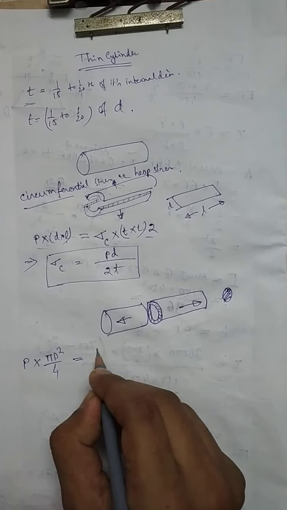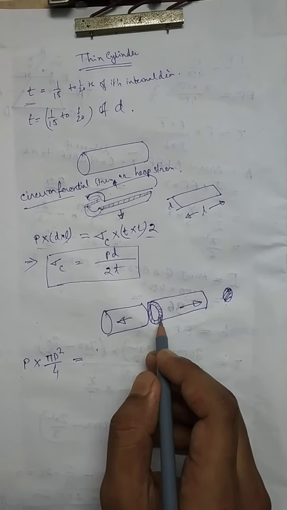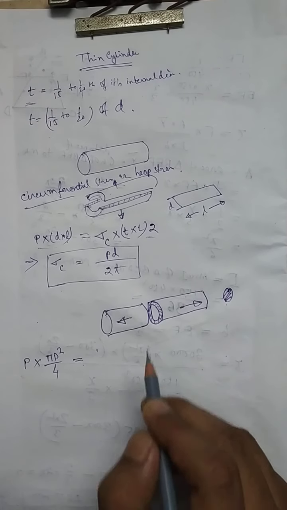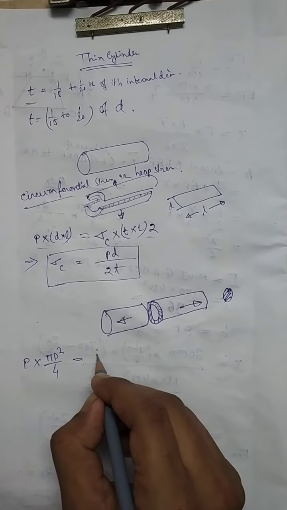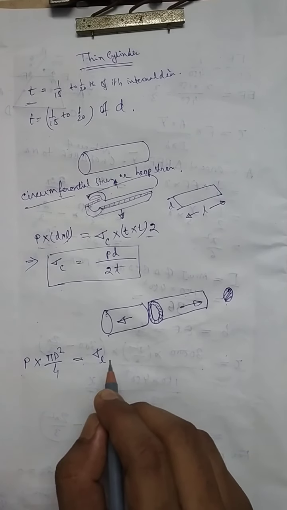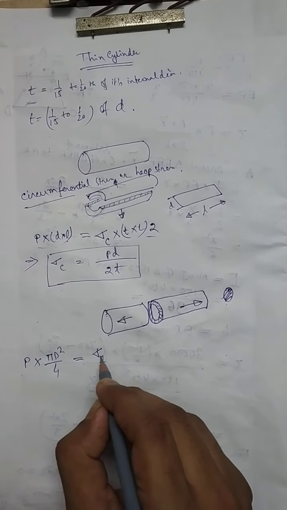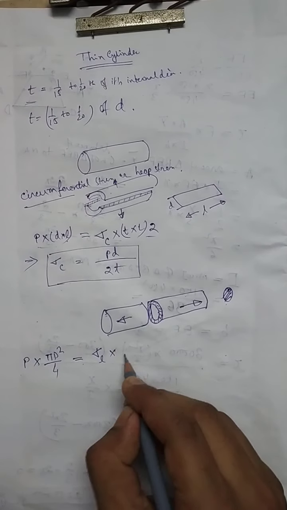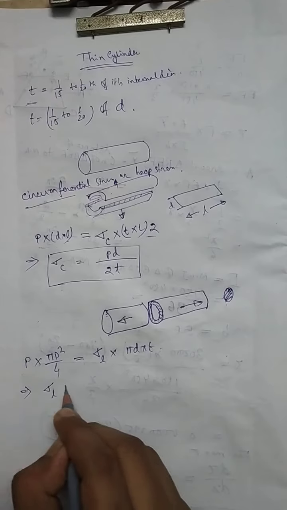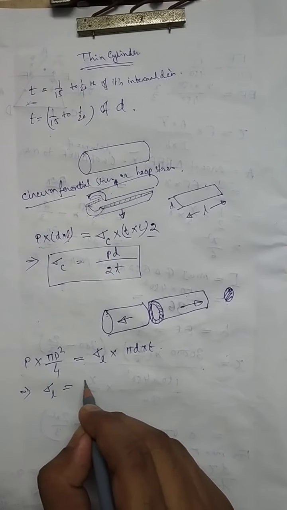If the internal diameter is d and thickness is t, and the stress generated is sigma L, the longitudinal stress, then sigma L into this area, pi d into t.